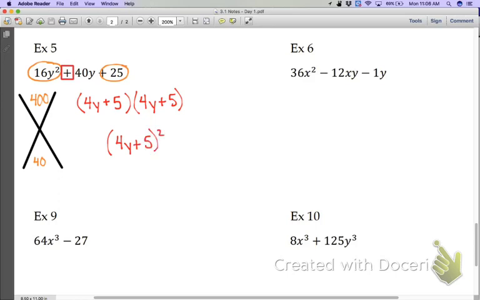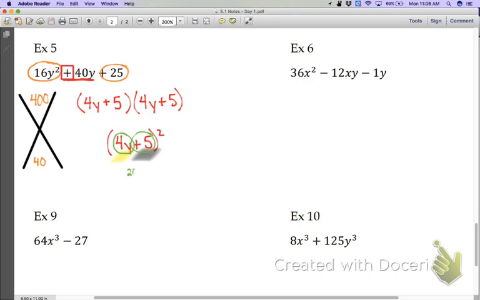An easy way to check is to ask yourself, is 4y times itself 16y squared? Yes, it is. Is 5 times itself positive 25? Yes, it is. Now, the middle part's a little bit tougher, but it's really quite simple if you just let it be. What's 4y times positive 5?